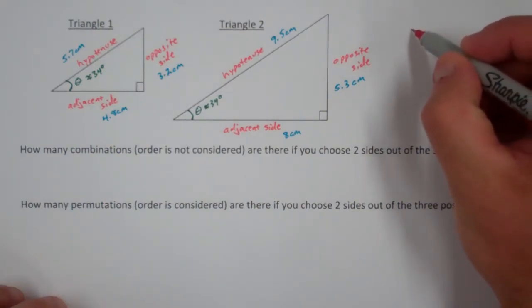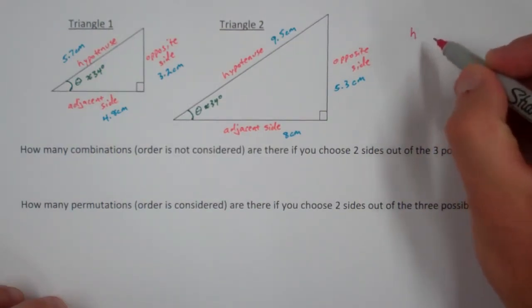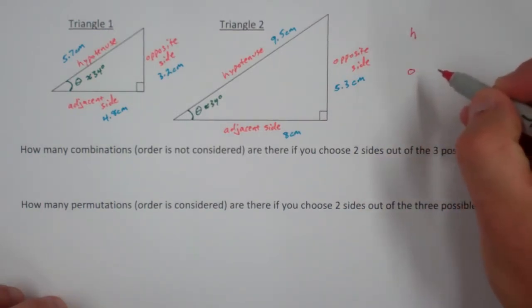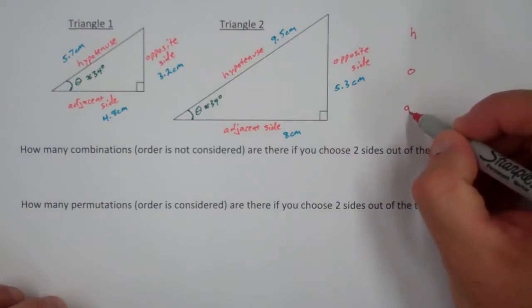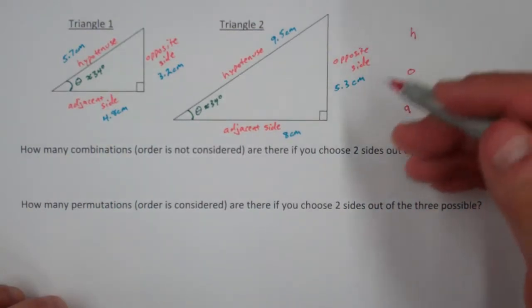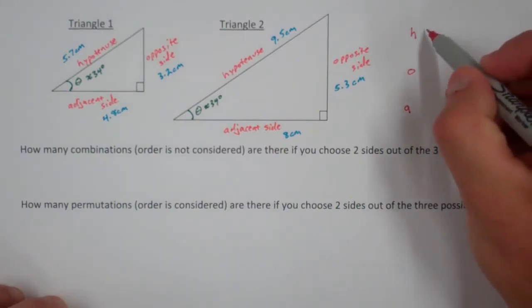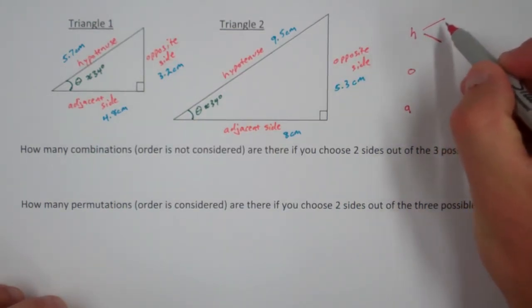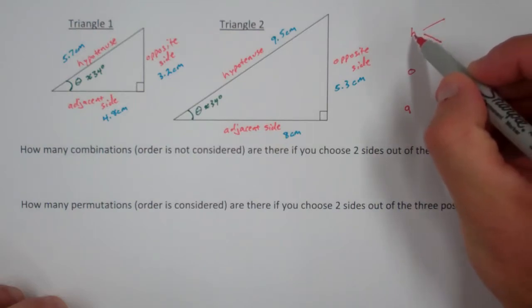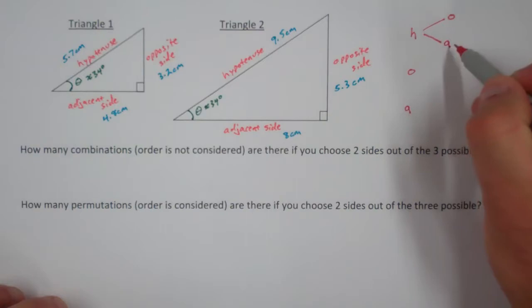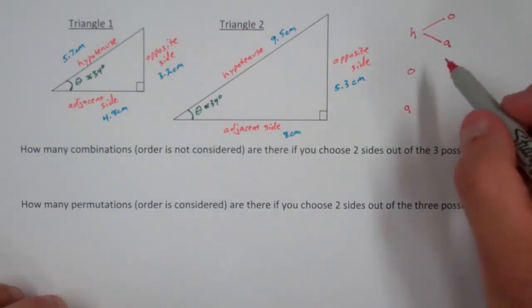So let's do that over here on the right hand side. We've got maybe a hypotenuse to choose from. The very first thing we can do, we could also choose an opposite side, and then we can choose an adjacent side. The second part of this will be then the other ones. So if you choose hypotenuse first, you could choose opposite second or even adjacent second. We're not considering replacement here.